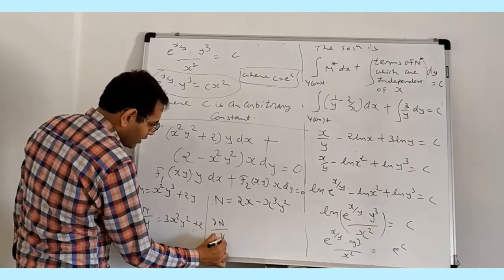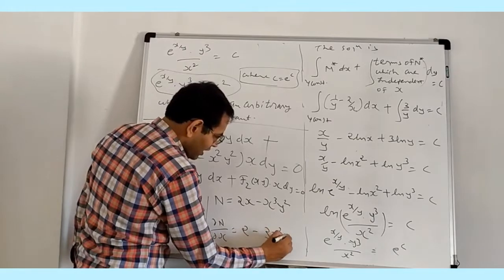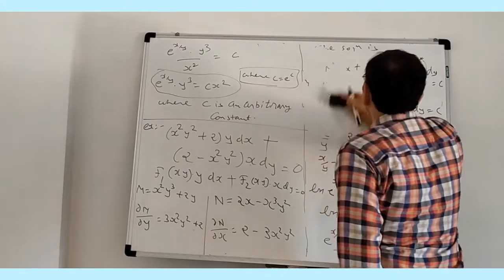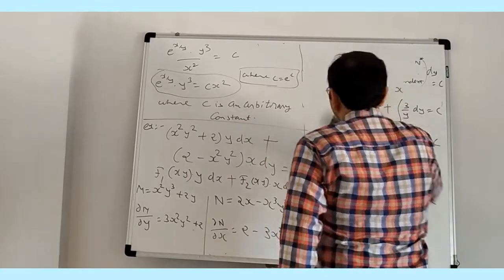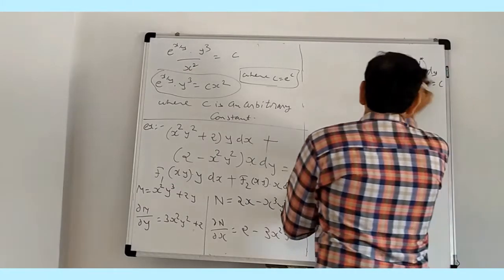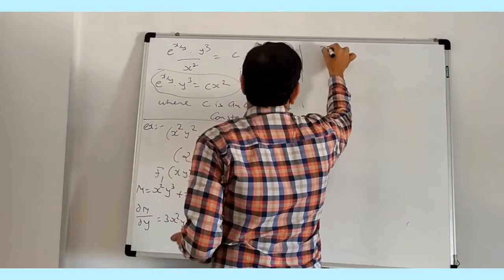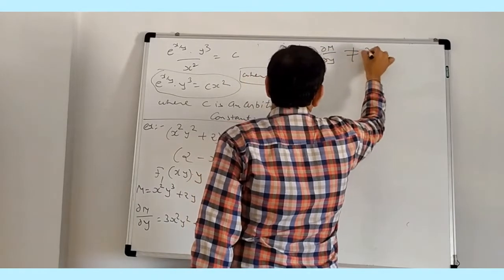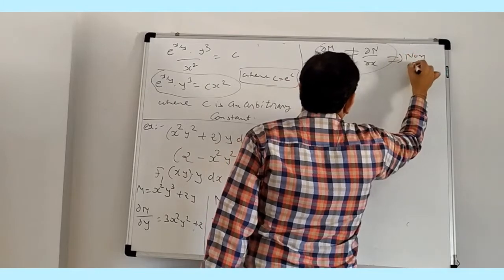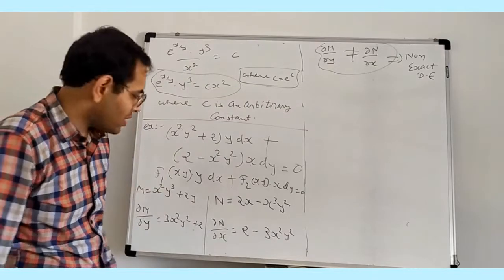Both have different values. Here del M by del y is not equal to del N by del x, so we can say that our differential equation is non-exact.